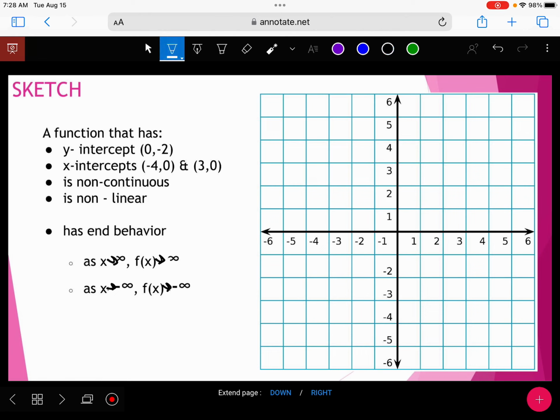So we have a lot of pieces here. We have a y-intercept at (0, -2), right here. So get your y-intercept on there.